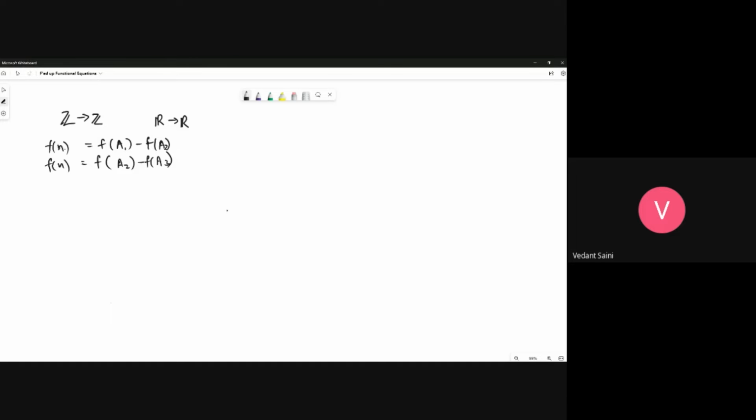You get something like this, and you sum all of these, so you get m f of n equals something else. So this is maybe one way you can get a variable outside the f.